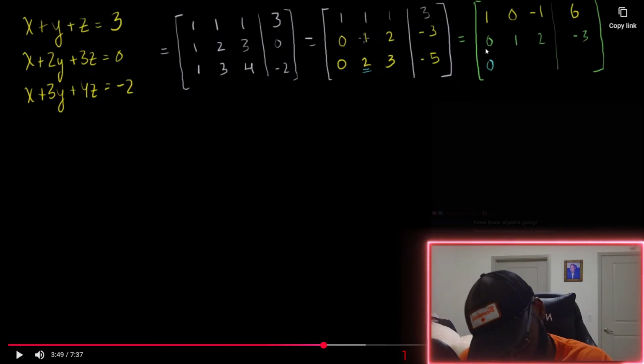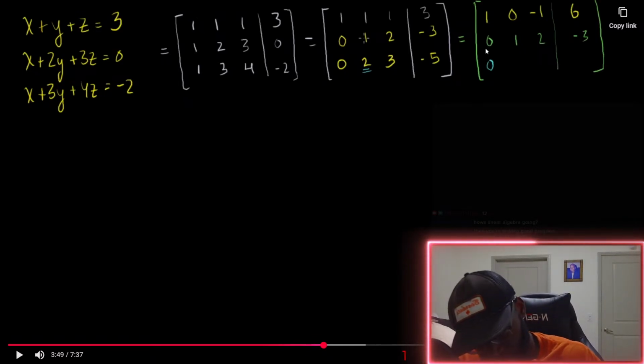Nope. Let's do row 3. So row 2 minus 2 times row 3. Right? 1 minus 2 times 0. It's just 1. Yeah, so row 2 minus 2 times row 3.